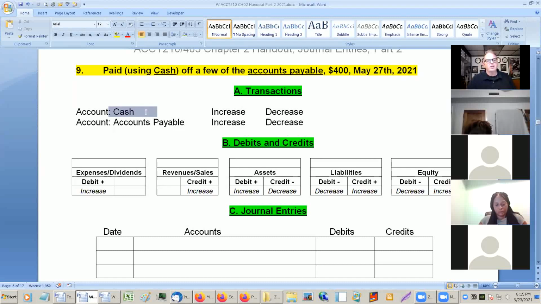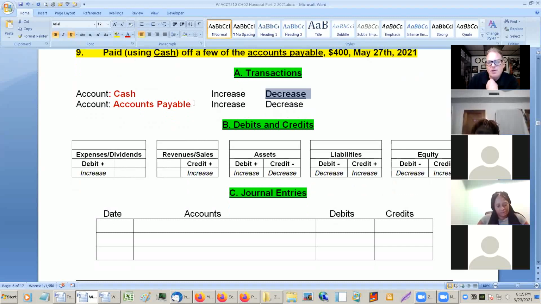So these are the 2 accounts we need. Okay, let's take the easy one first. Cash, is it going up or down? It will go down. Going down, yep. So our cash is going down.